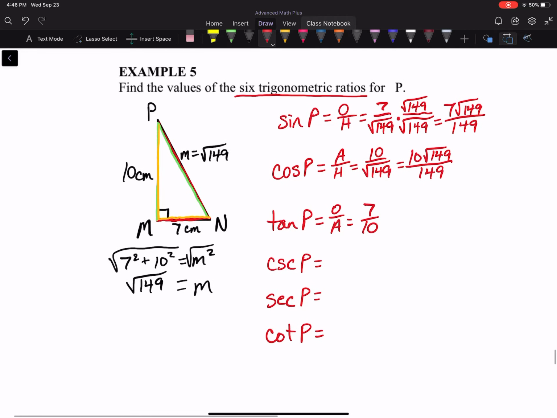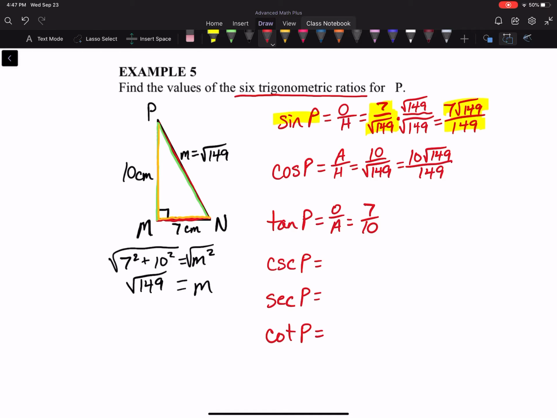So for cosecant, I'm just going to look up here at sine, and right here is my answer. But all I have to do is flip that. But if I flip that, I will have the square root on the bottom, and I don't want the square root on the bottom. So what I'm going to do is flip my original answer right there, and that is perfectly fine.